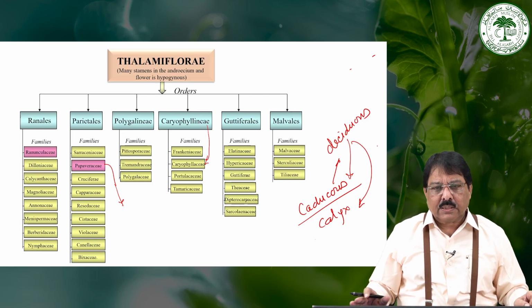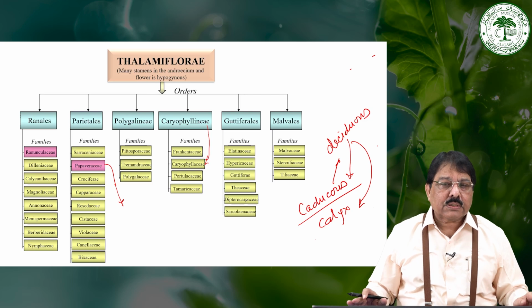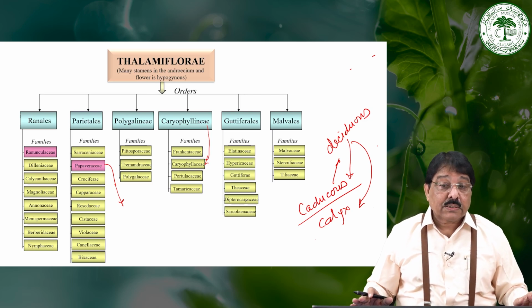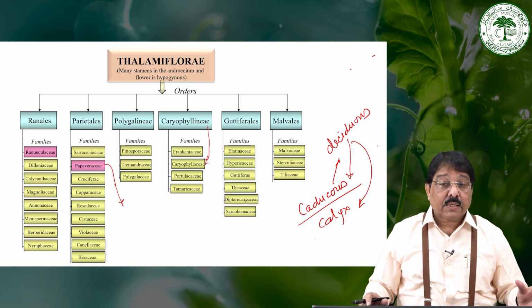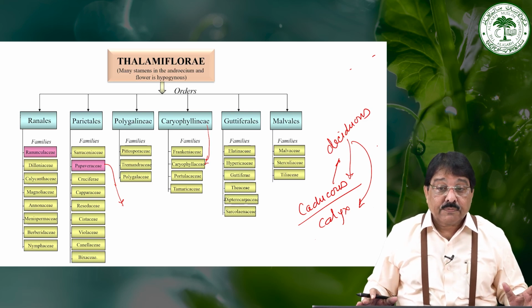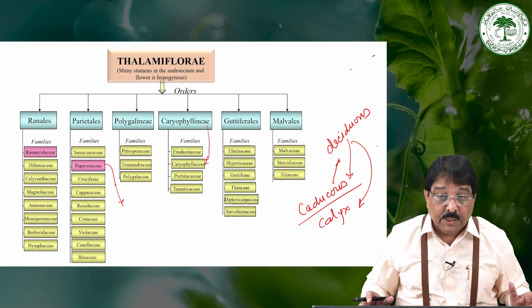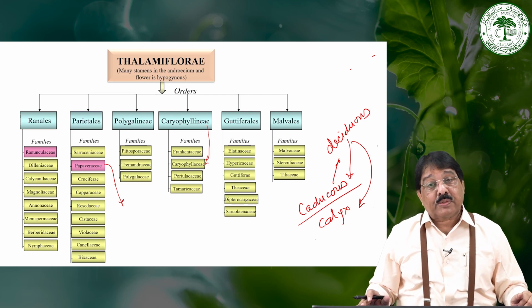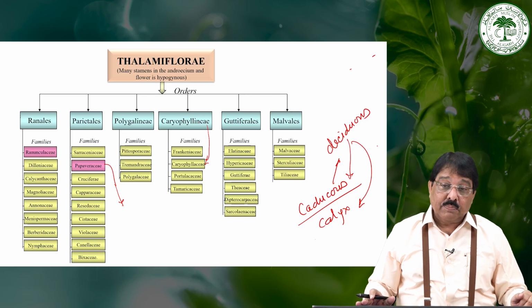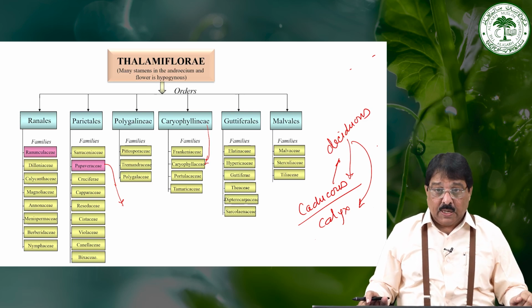As I said, the Bentham and Hooker system is the natural system. Earlier I told you it is based on morphological characters. On that basis, we classify the plants, so we are classifying the plant kingdom.